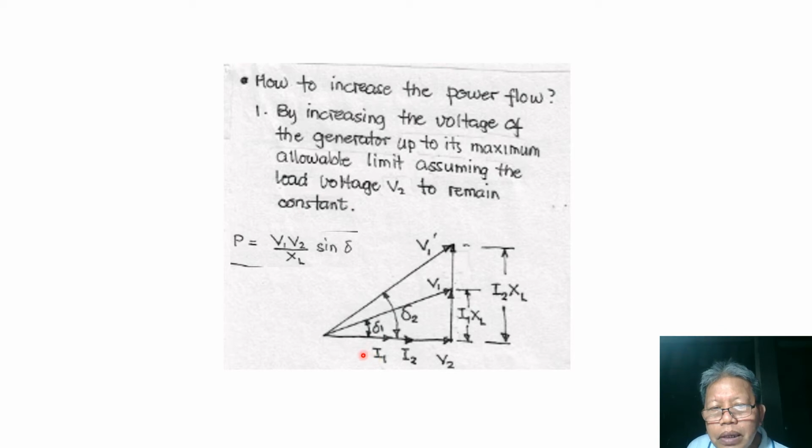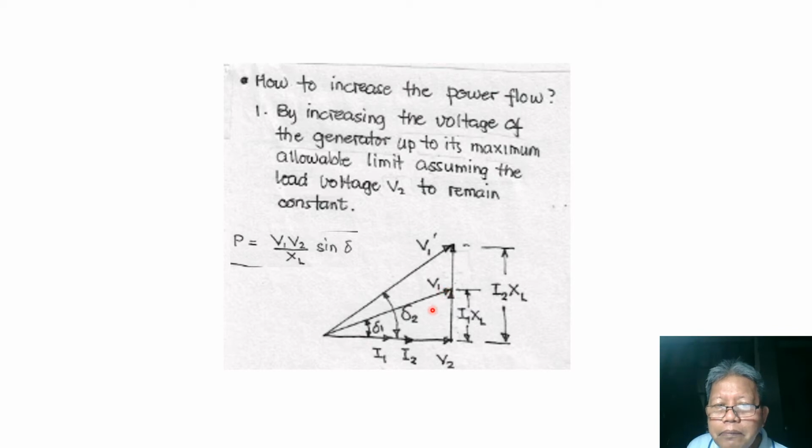So I1 has the same direction as our V2 because of the unity power factor. And then we add to V2 the reactance drop along the line, which is I1XL. The sum of the two is our hypotenuse, V1, representing the voltage at bus 1.